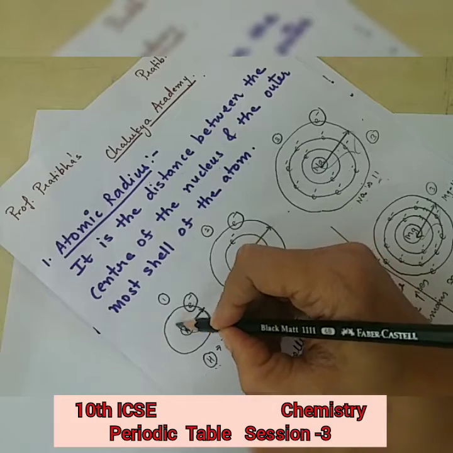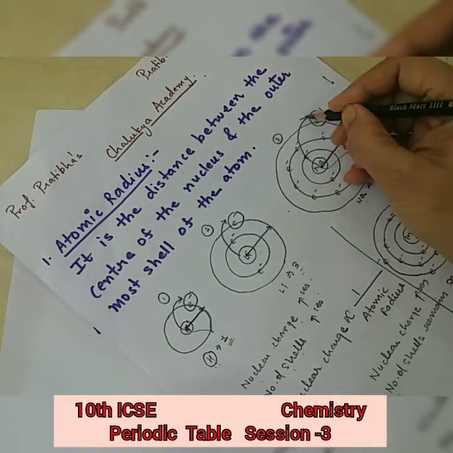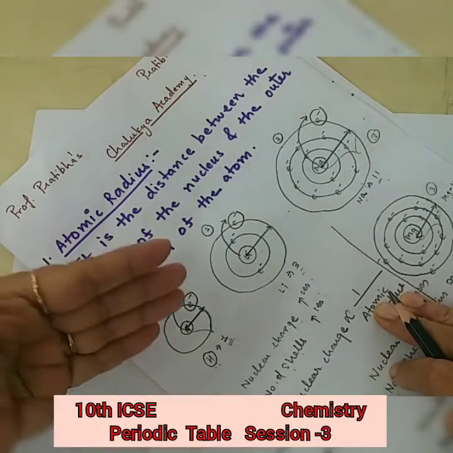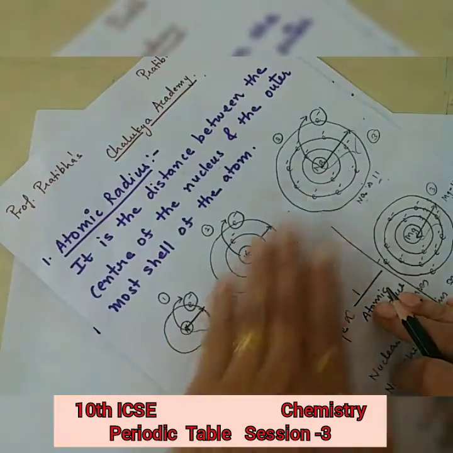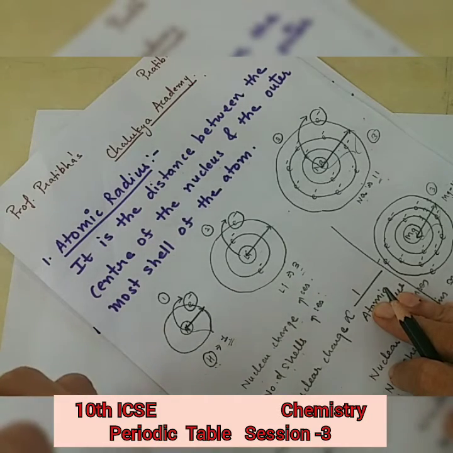So definitely the nuclear charge on the valence electron decreases as the atomic radius increases. If the nuclear charge decreases, the nuclear force of attraction on the valence electron decreases, so definitely we need a smaller amount of ionization potential to remove the valence electron.